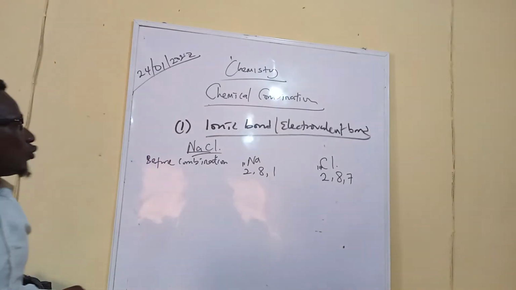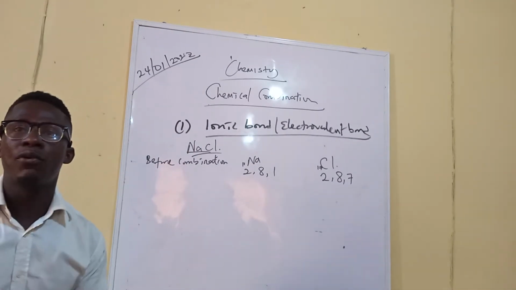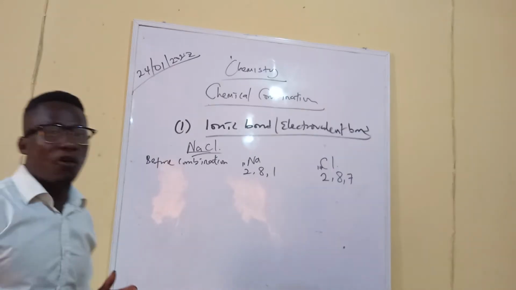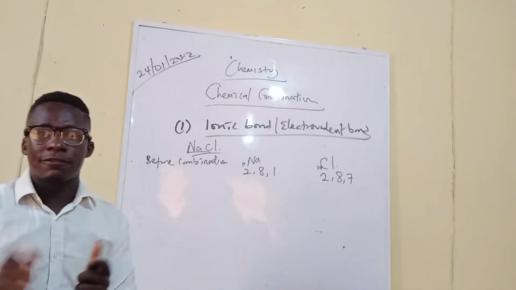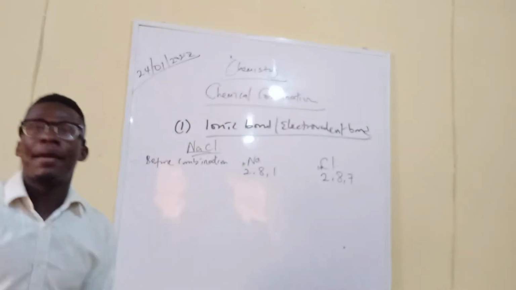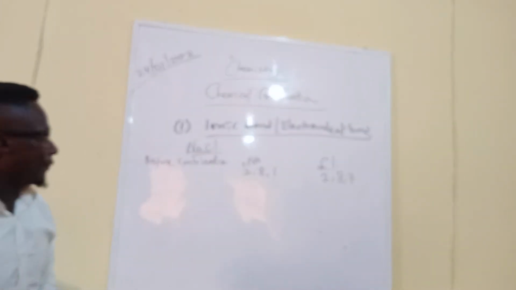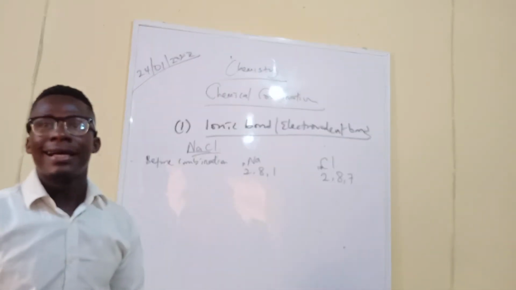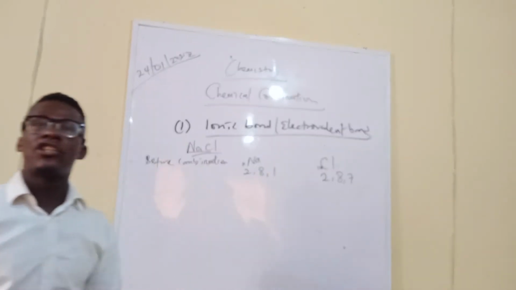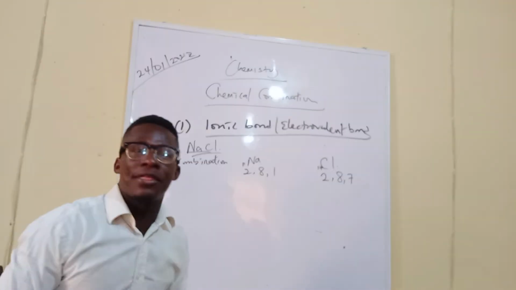Note that the goal of chemical combination is that both atoms of the compound can become stable, and they reach stability by either attaining an octet structure of the noble gas or a duplet structure of helium.